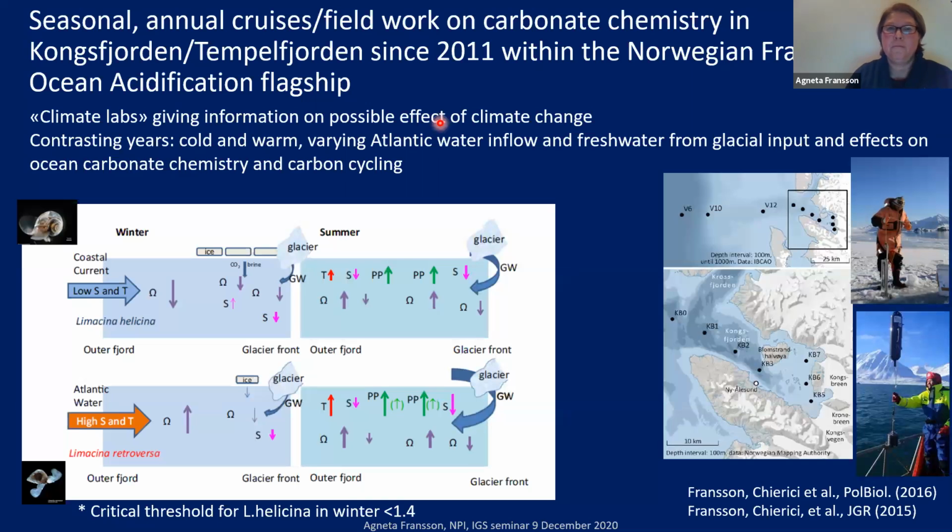It's a small area, and you can get information on possible effects of climate change. As I will show you later, we also have contrasting years with cold and warm years. That will give varying Atlantic water inflow and effects on the freshwater and glacier input, and effects on ocean carbonate chemistry and carbon cycling.